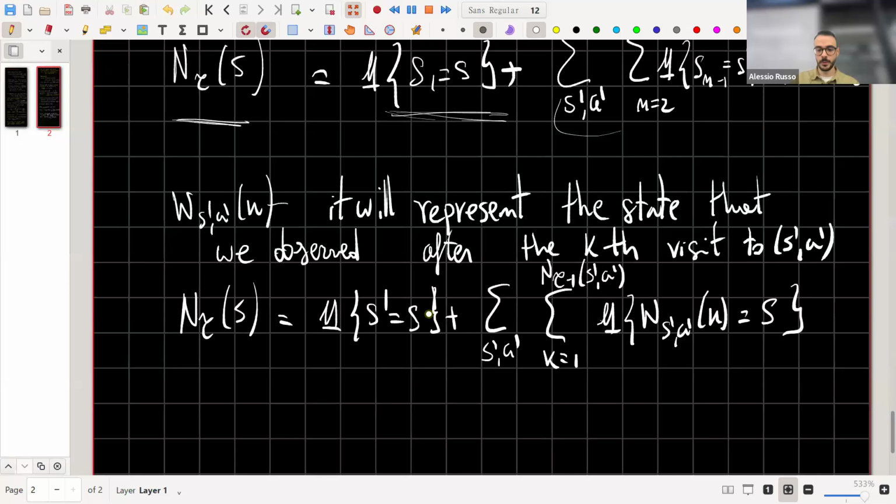I just rewrote the previous equation because now when we take expectation, we can apply Wald's lemma.